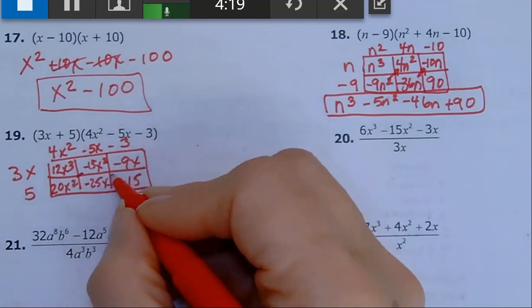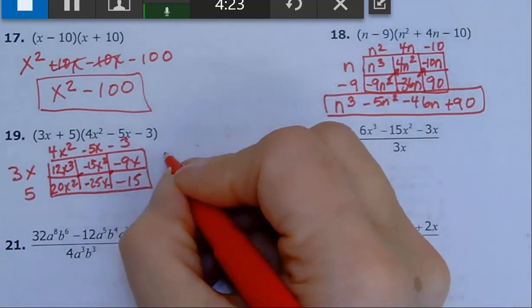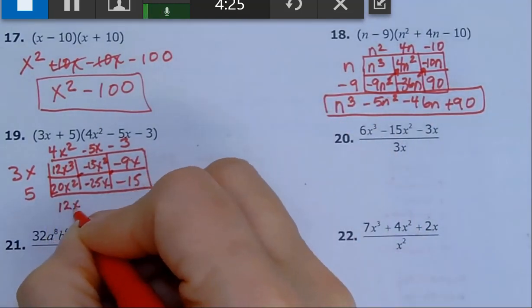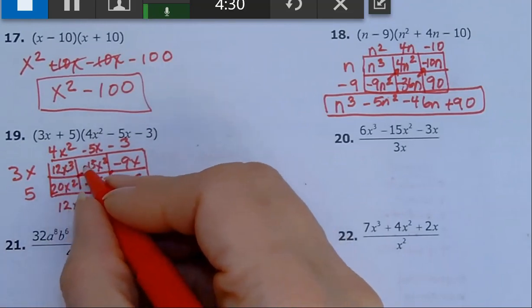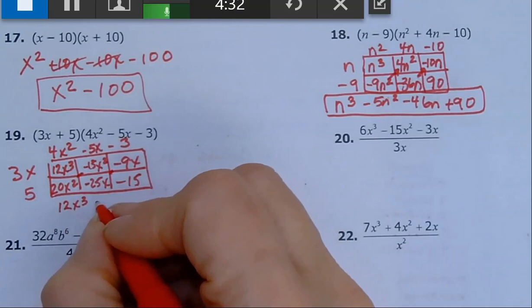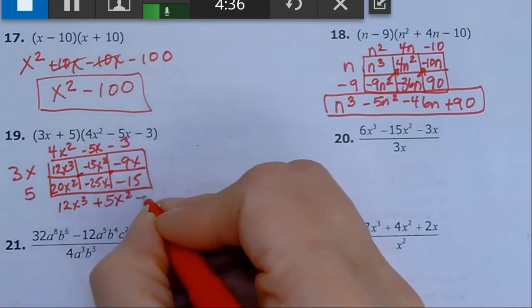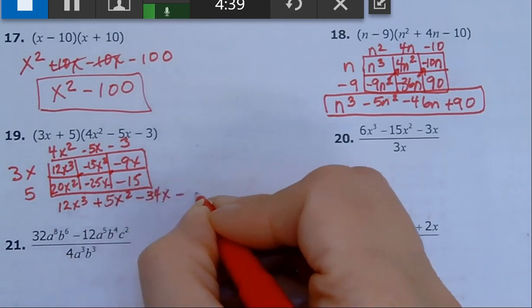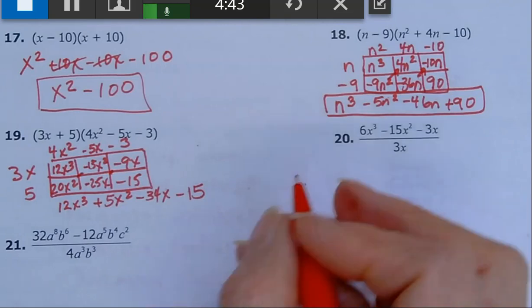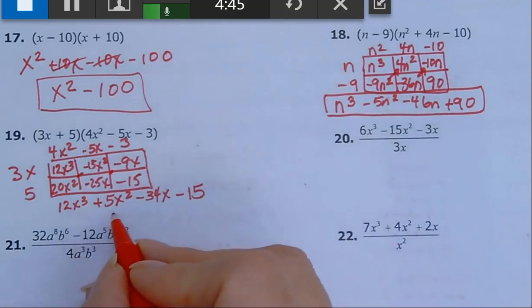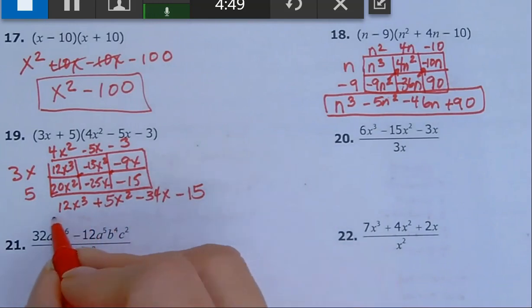So let's look for our like terms and see if we get the right answer. I have 12x cubed, 20 minus 15 is 5, positive 5x squared, negative 34x minus 15. Let me just double check and make sure I did that right. 12x cubed plus 5x squared minus 34x minus 15 is looking pretty good.